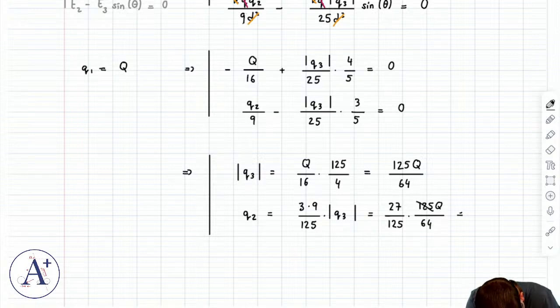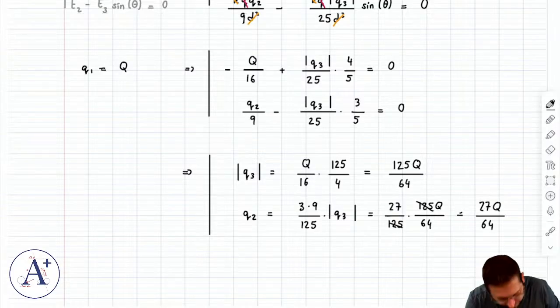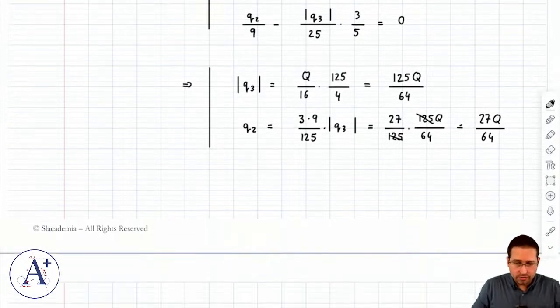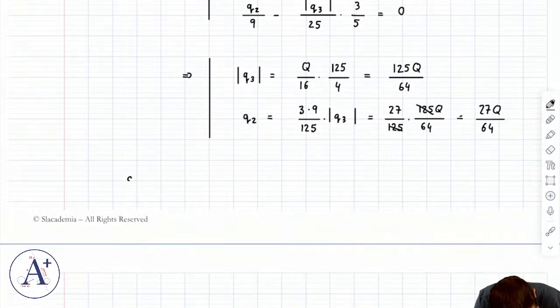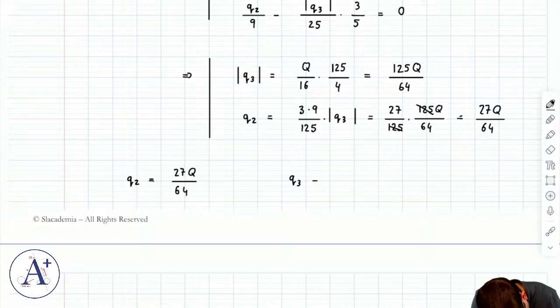Now that's going to be 27Q over 64. And we can therefore conclude that Q2, which is positive, is 27Q over 64. Pretty straightforward. However, Q3, because we're supposed to solve for Q3, not absolute value of Q3, right?